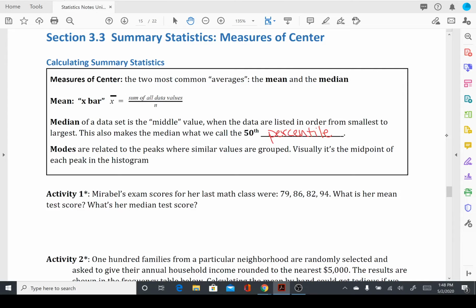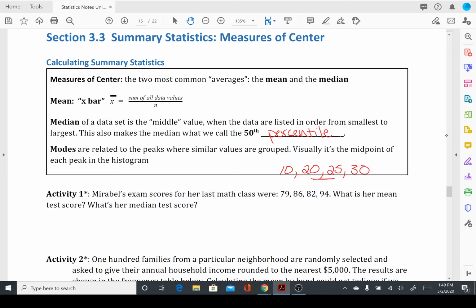One thing to keep in mind when you're determining the median: if two numbers share that middle location, you have to find the average between those two numbers. So, for instance, if I were to find the median of this set of data, they're already in order from least to greatest.